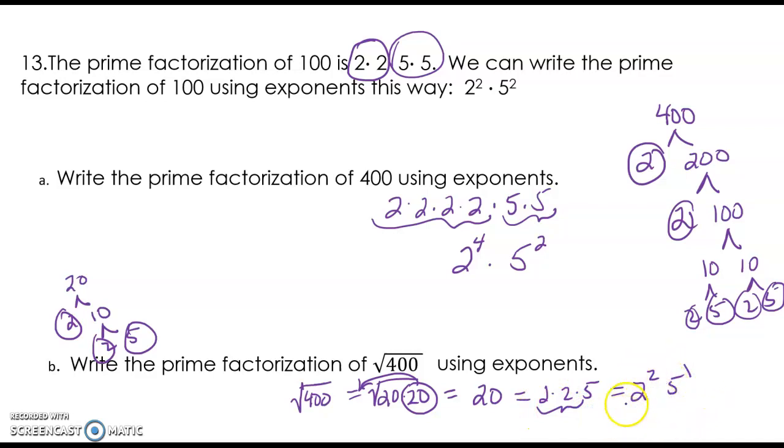We normally don't put a 1, so it would just be 2 to the 2 times 5. Now, look at these exponents. When you take the square root of something, you divide the exponent in half. So 4 divided by 2 is 2, and that's what we have here. 2 divided by 2 is 1, and that's what we have here. And that's what they're trying to show you.